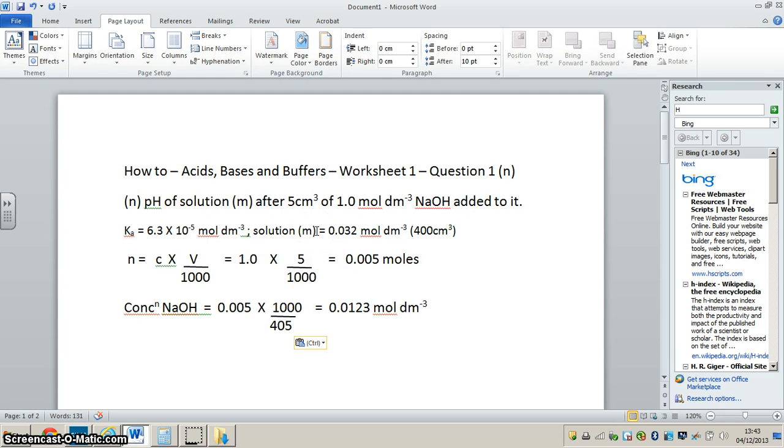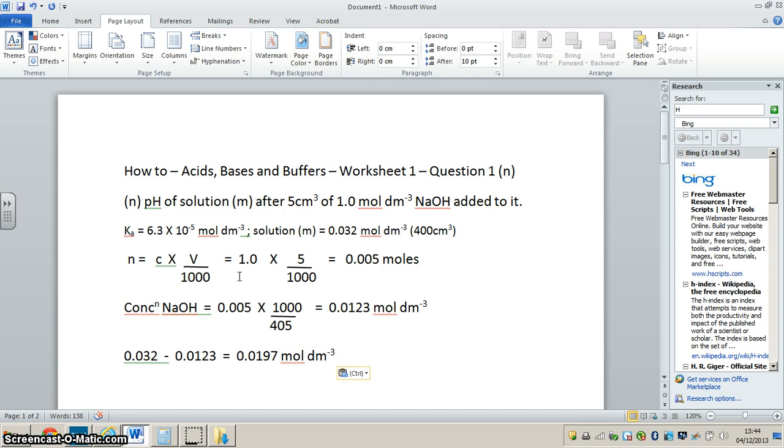So this concentration of sodium hydroxide is going to neutralize 0.0123 moles per decimeter cubed of the acid, like this.